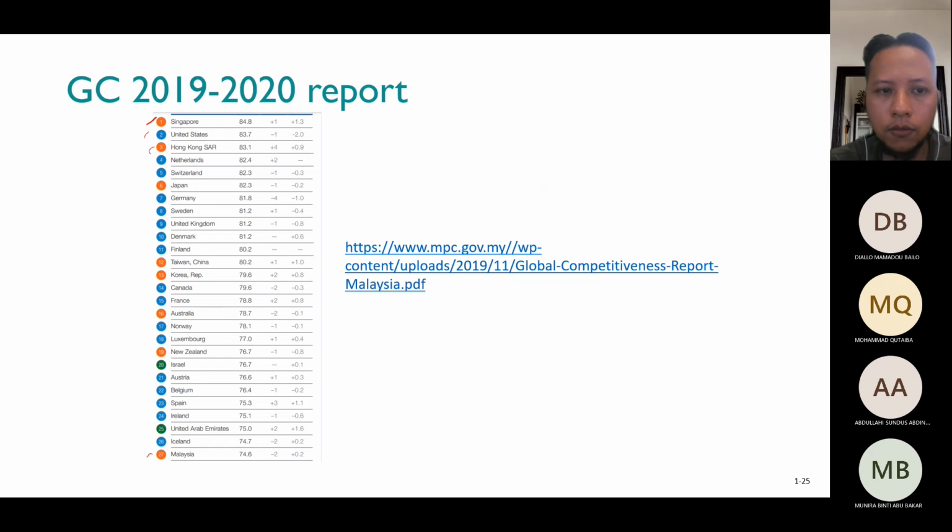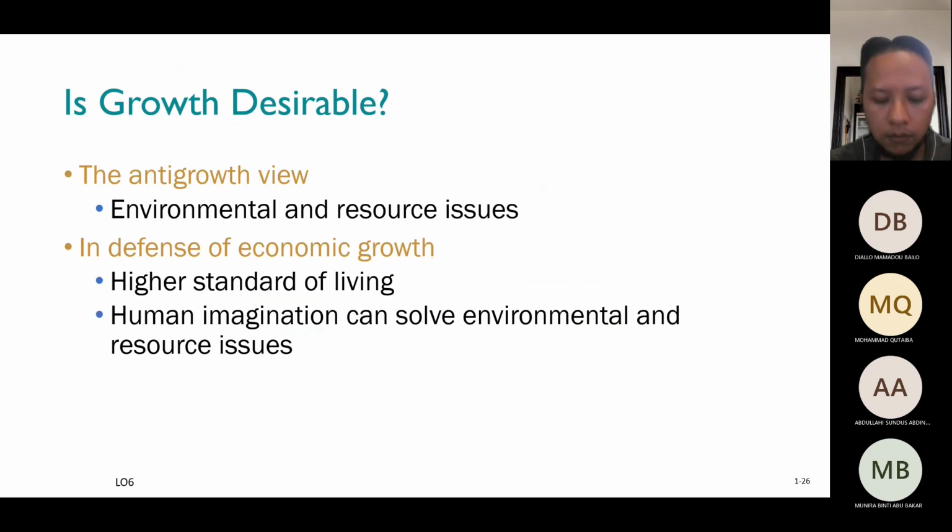Okay, so despite all this that I have mentioned, there are also issues, especially more recently, when it comes to whether growth is actually desirable, because the argument is that growth may also come with disruption or destruction. When you want to achieve growth, you also have to take away or destroy environment and resources, especially natural resources.